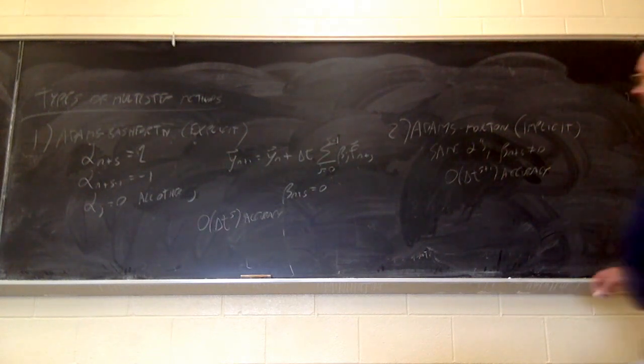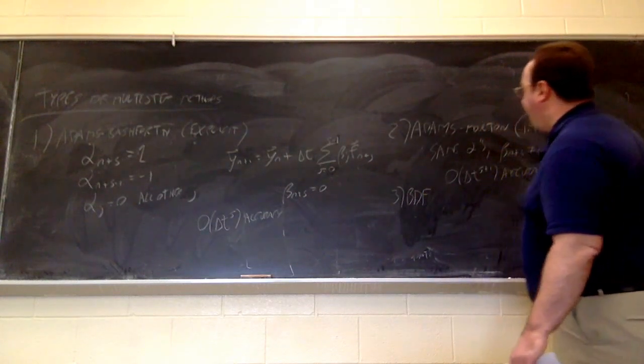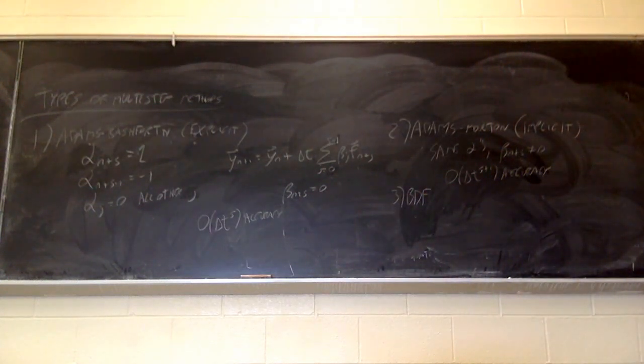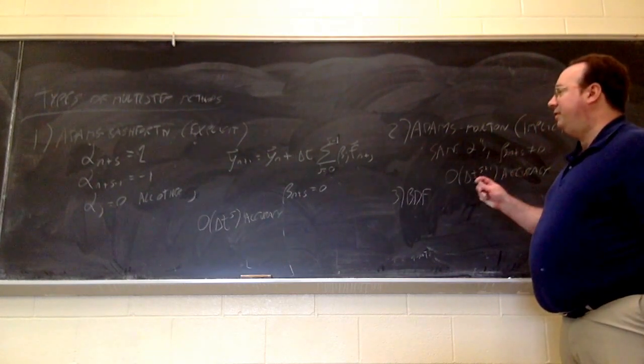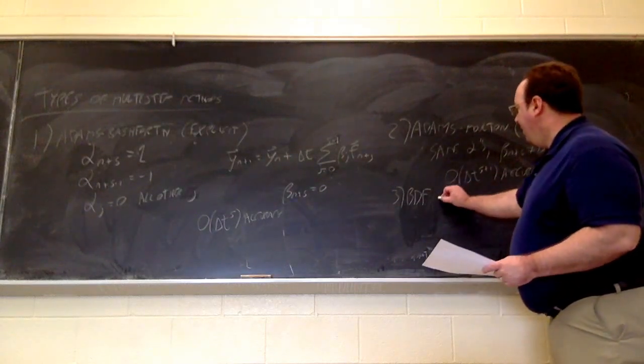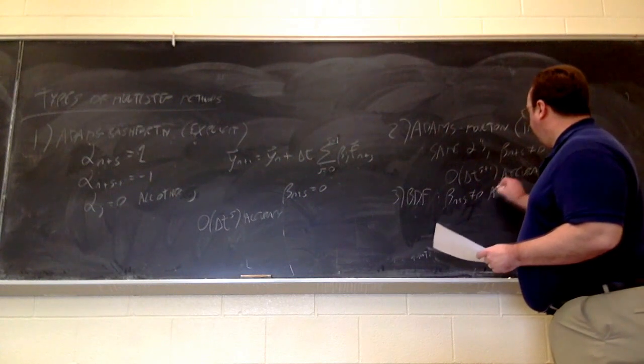And finally, we have backward differentiation formulas, BDFs. Adams methods come from approximating the integral of f, like from the integral form of the ODE. BDFs use higher derivative approximations of y prime. So beta n plus s is non-zero.